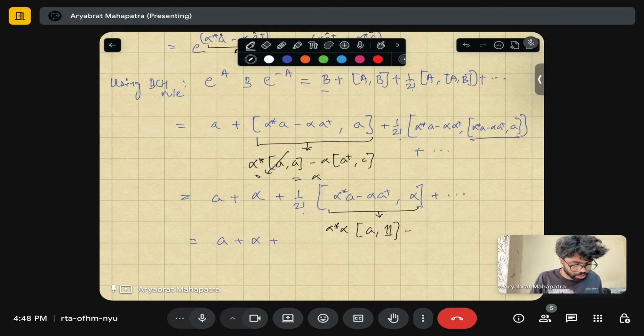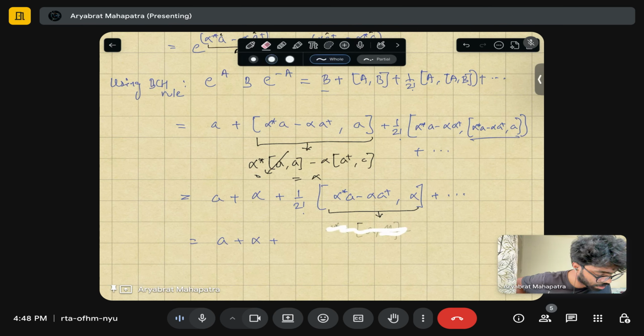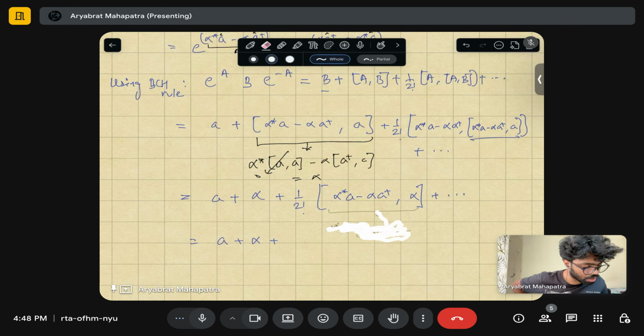Wait a minute, we got alpha from here. Yeah, it's fine. There's no point in writing it this way, because you already know this alpha is some complex number, as I said before.